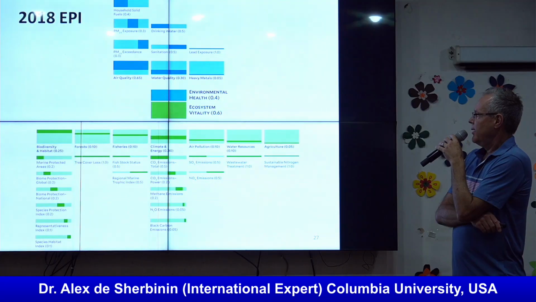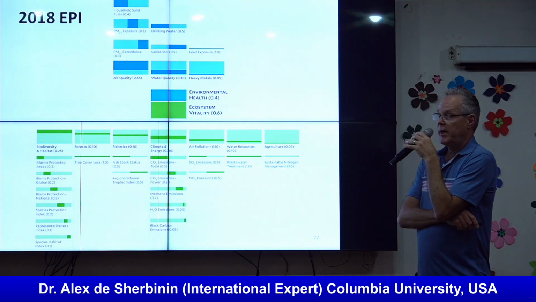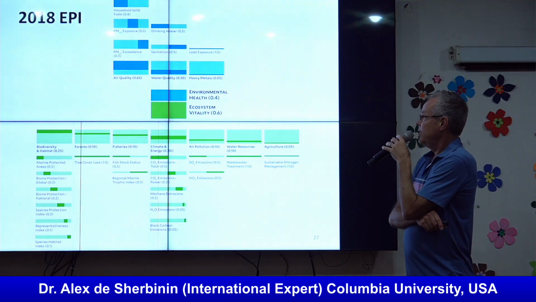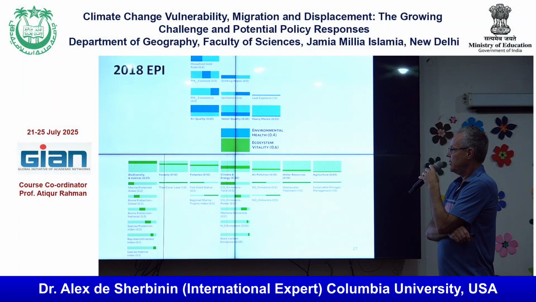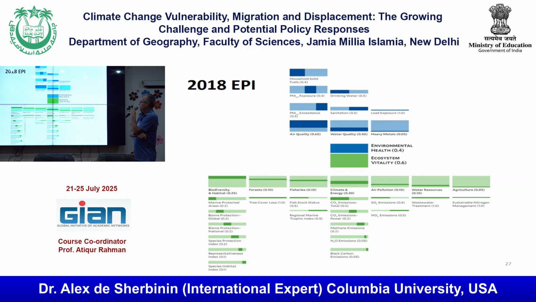For the EPI, we try to be very transparent about the weighting that we use. So this is one formulation that we use for weighting. Note that back in 2018, we were still including climate and energy as a part of the overall ecosystem vitality.